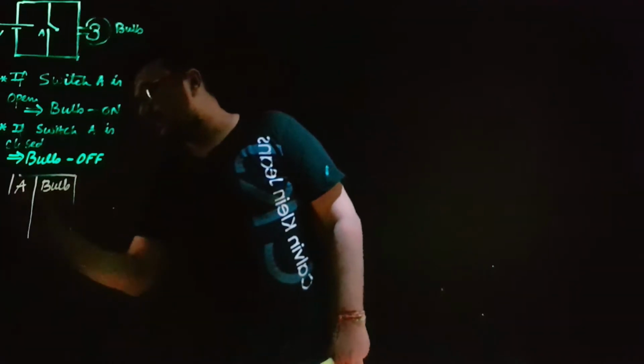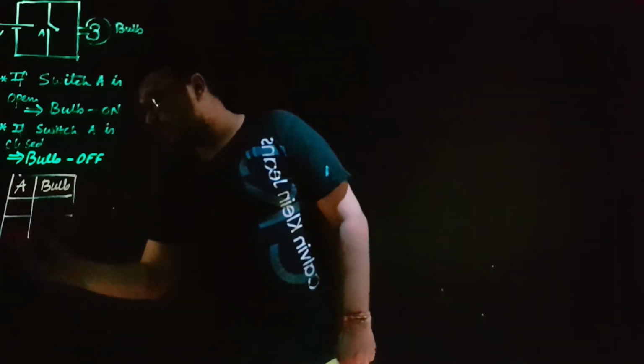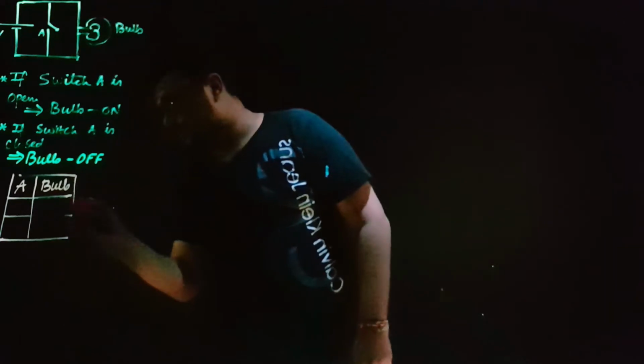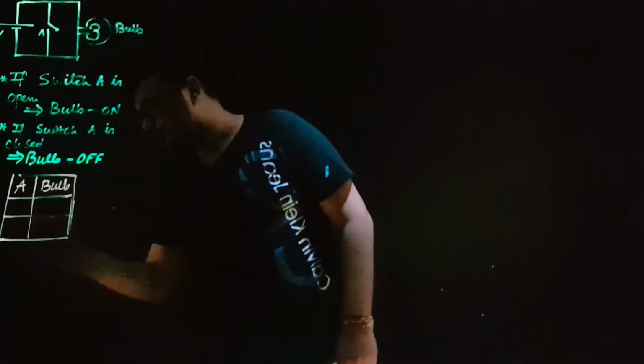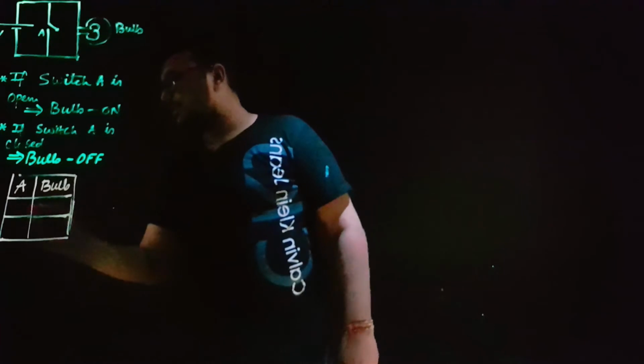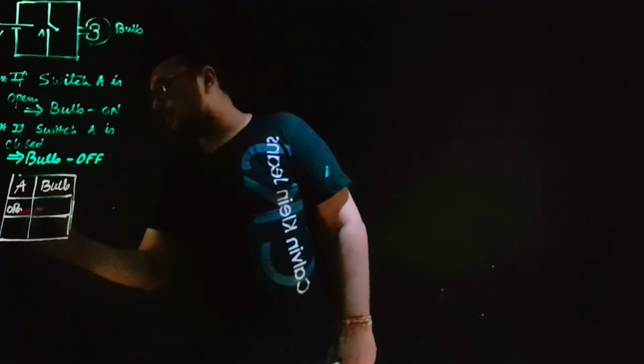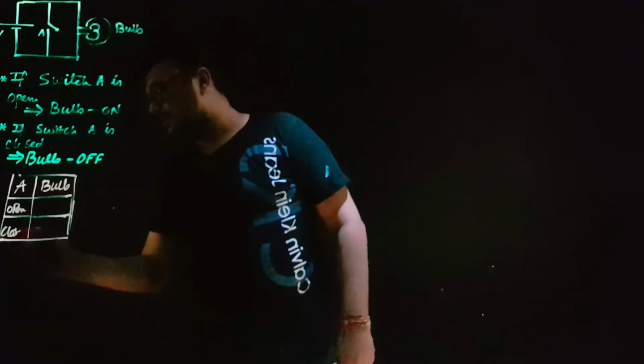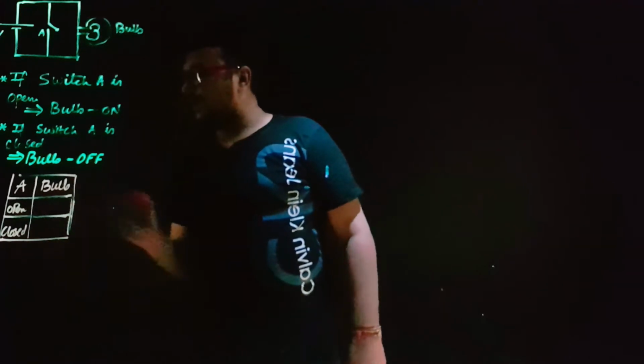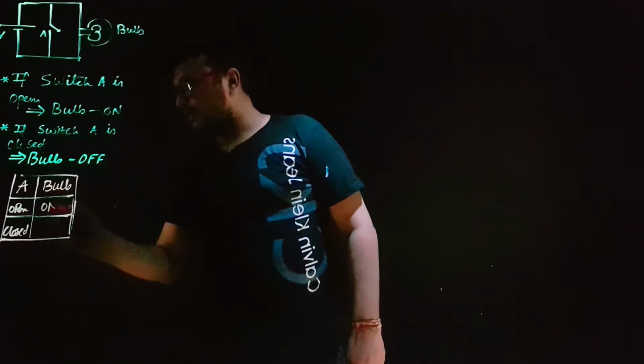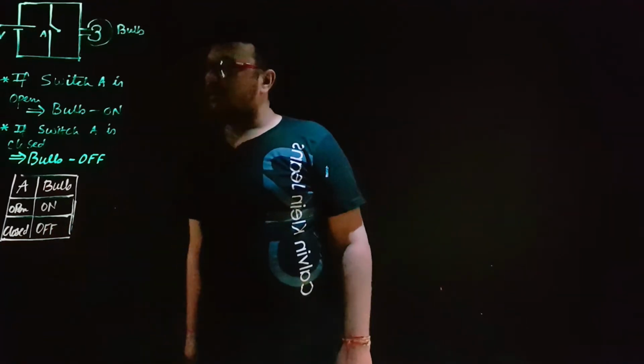Now here we can clearly see that we have only two inputs, A is open or A is closed. If A is open, then the bulb will be on, and if A is closed, the bulb will be off, right?